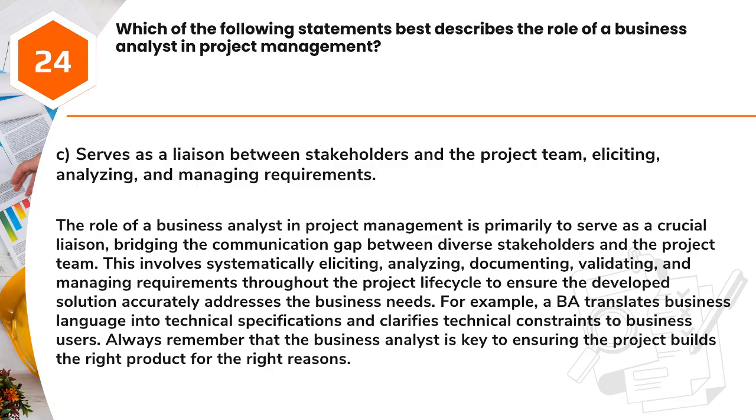This involves systematically eliciting, analyzing, documenting, validating, and managing requirements throughout the project lifecycle to ensure the developed solution accurately addresses the business needs. For example, a BA translates business language into technical specifications and clarifies technical constraints to business users. Always remember that the business analyst is key to ensuring the project builds the right product for the right reasons.